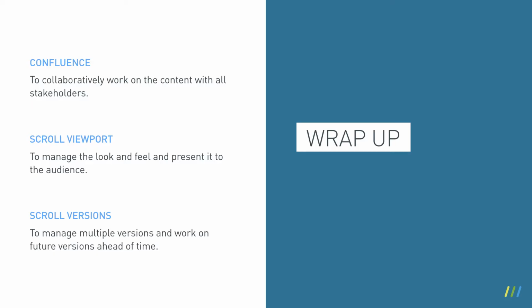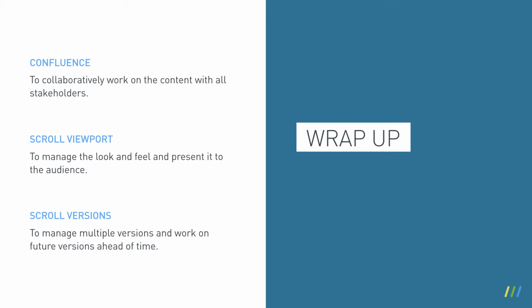So to wrap this up, Confluence is used internally to collaborate on the content with all our content stakeholders. So we all work in Confluence. We use Scroll Viewport to display that content to our readers, beautifully styled in our K15T look and feel, in our company style.